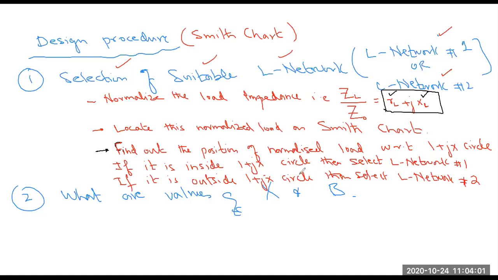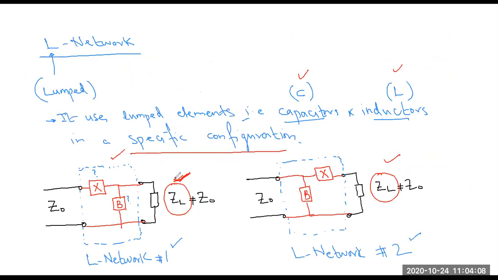Once you do this, then the next task will be to find out. Let's assume that you have a situation where the load is inside the 1 plus jx circle. So you will draw this circuit to give this information that this is the network which you will use as a microwave engineer.